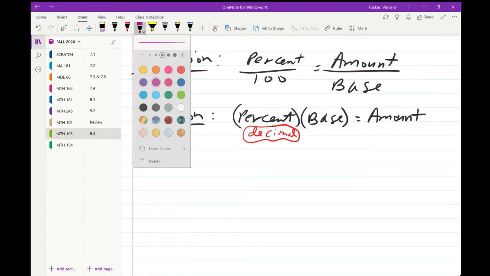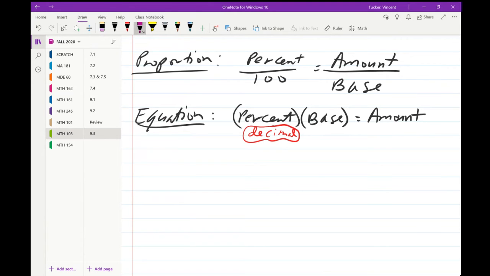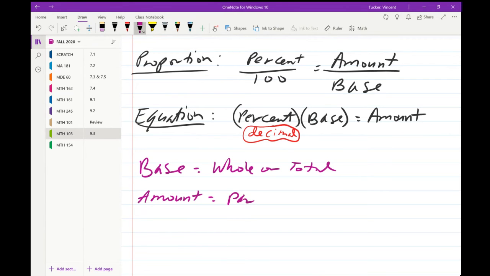Let me write this as well. Sometimes you can refer to the base as the whole, or total, and the amount as the part.